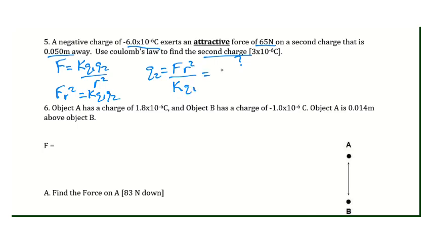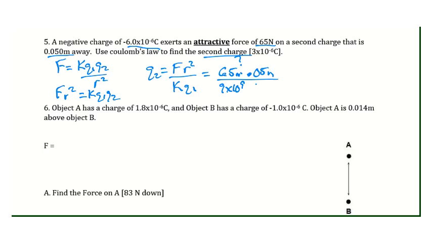So that's going to be 65 newtons times the distance of 0.05 meters, all over the 9 times 10 to the 9.